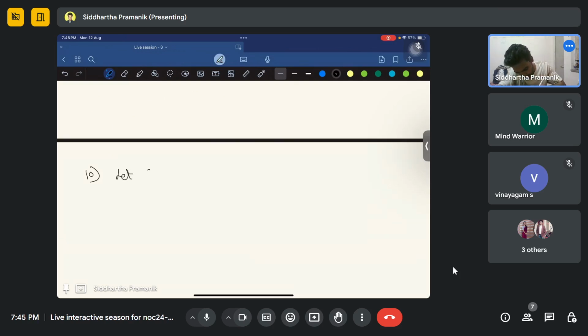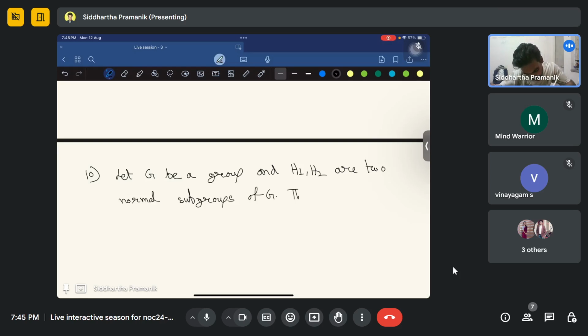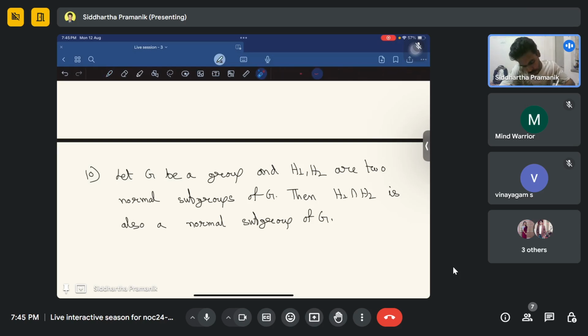So let G be a group and H1, H2 are two normal subgroups of G. Okay, then their intersection H1 and H2 is also a normal subgroup of G. So in earlier live sessions, we have already seen that the intersection of two subgroups is a subgroup.